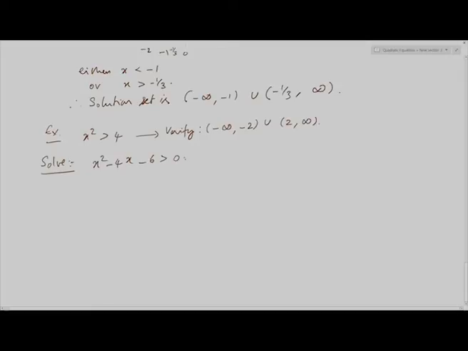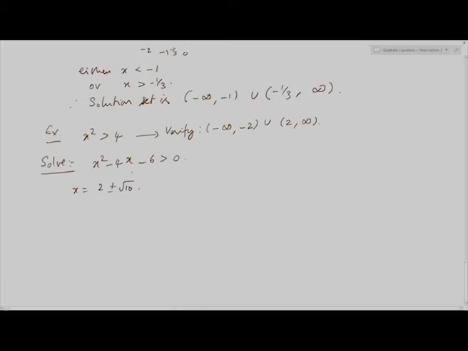This cannot be factored. So far we have seen we have to factorize the given quadratic expression and then write the solution set, but now this cannot be factored, but we can solve it. This is a simple quadratic equation I can solve by using the quadratic formula. We can write the solution as x is equal to 2 plus minus square root of 10.